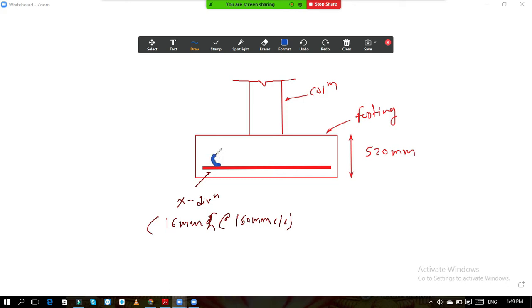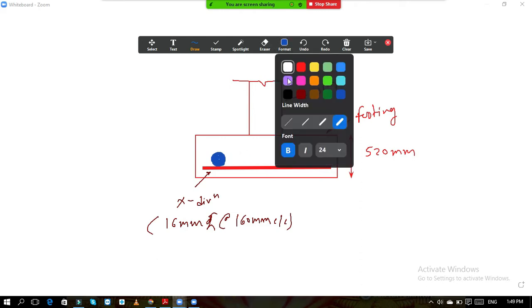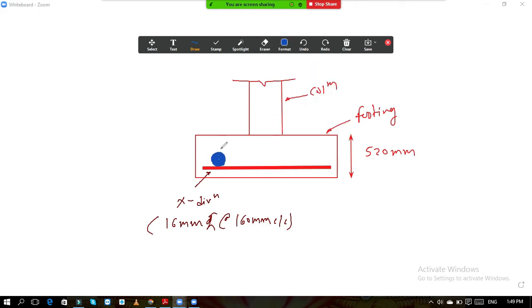So this is the bar. This is the bar in Y direction. Okay, so here I will write this is Y direction. But again this is the same 16 mm bar diameter we have used about 160 mm center to center.